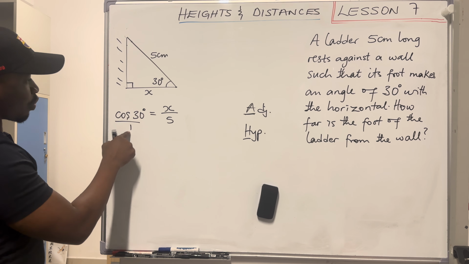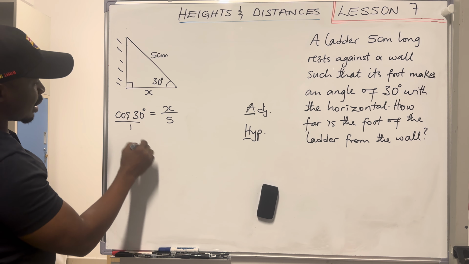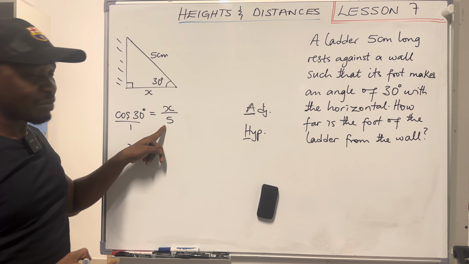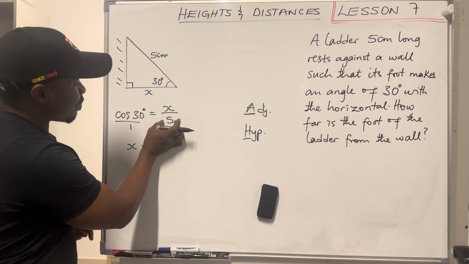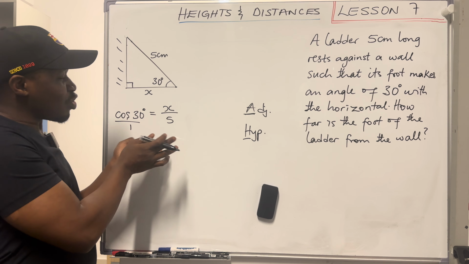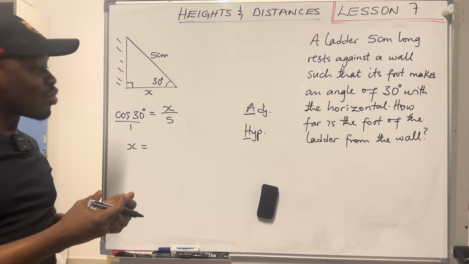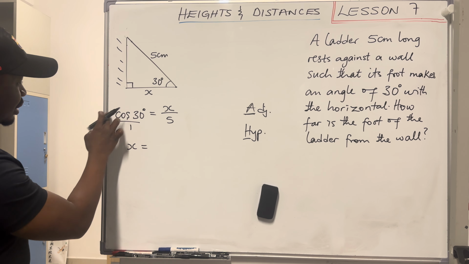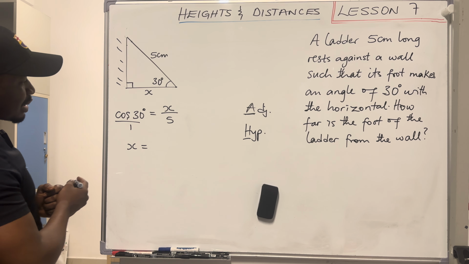We give this 1. 1 times x is x. Cos 30 times 5 is not cos 150. You cannot multiply a specific number which is not an angle by a trig ratio, so this one takes the back side of the cos.